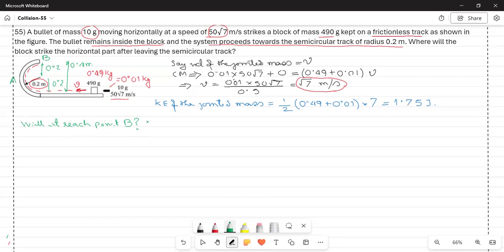How will you answer it? The energy required to reach point B is mgh. M is joint mass, M is 0.5, g is 10, h is 0.4.